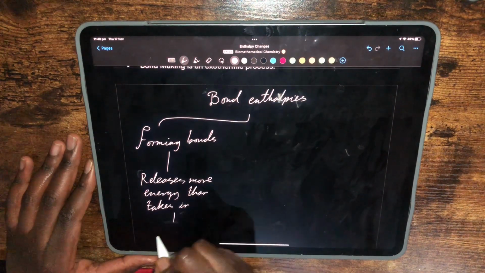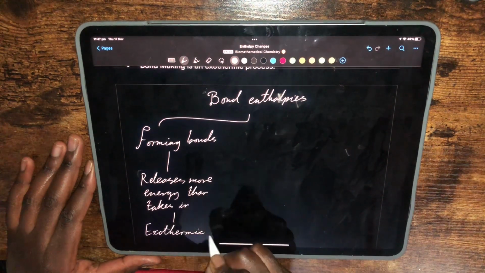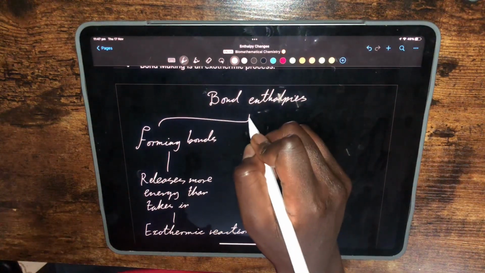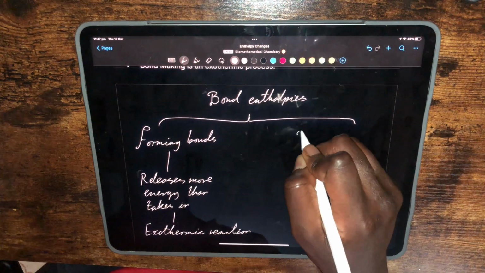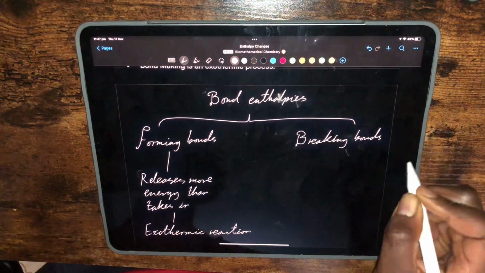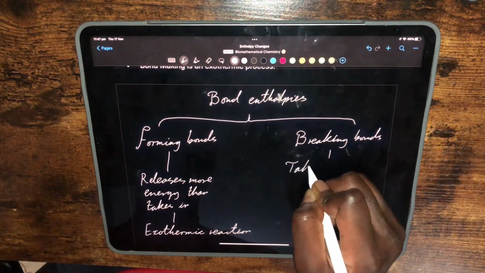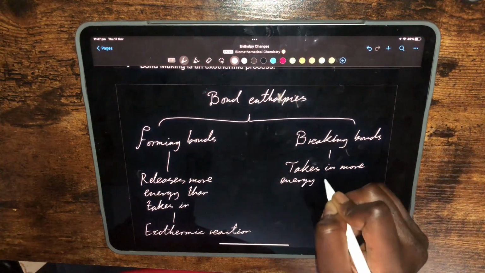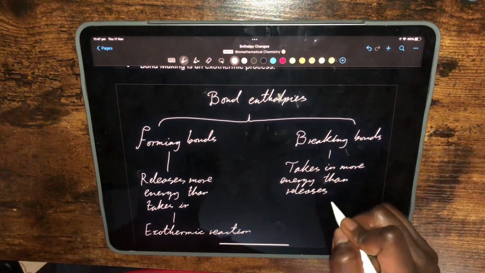And this is an exothermic reaction. And then breaking bonds takes in more energy than it releases. And this is an endothermic reaction.